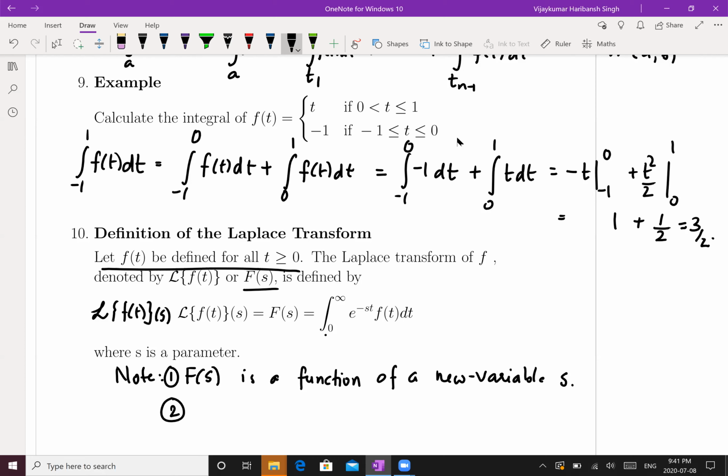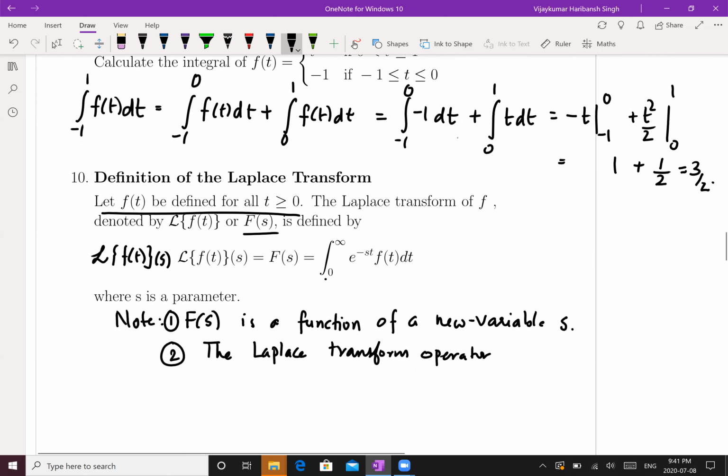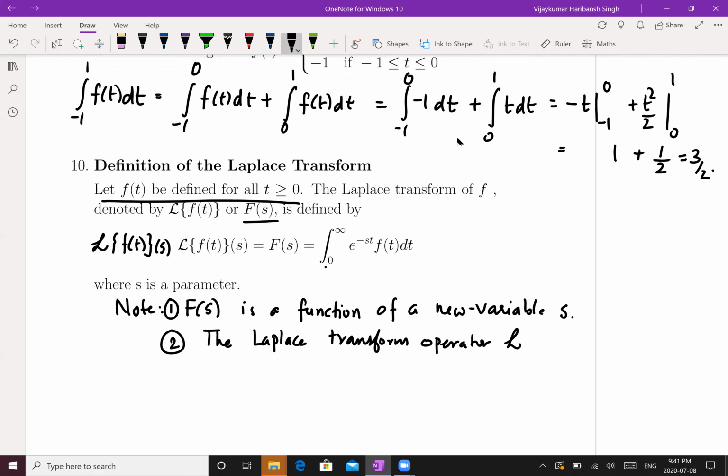The second thing to note is that the Laplace transform operator L takes a function f of t as an input and outputs a new function.